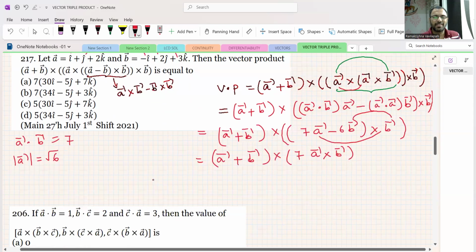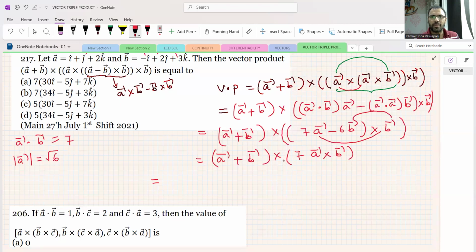So this further is equal to, you can bring out 7. Here you see that A bar cross, you can write 7 outside, A bar cross A cross B, plus 7 into B bar cross A cross B. There are two ways.